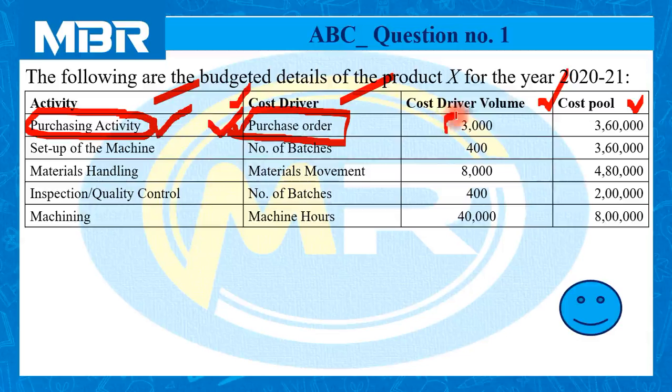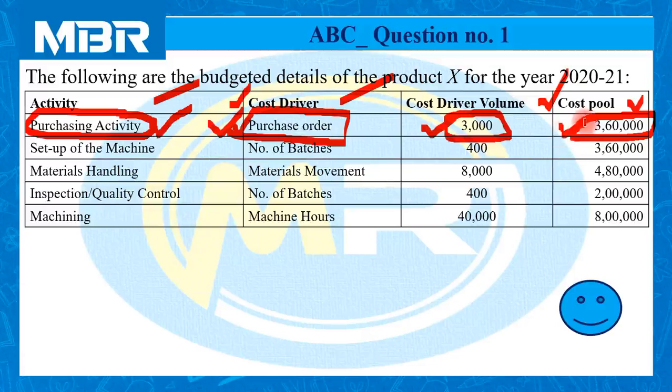How many orders placed? It is given over here. For the year 2020-21, the budgeted number of purchase orders is 3,000, and the total of all the expenses incurred on purchasing related activities is known as the cost pool.